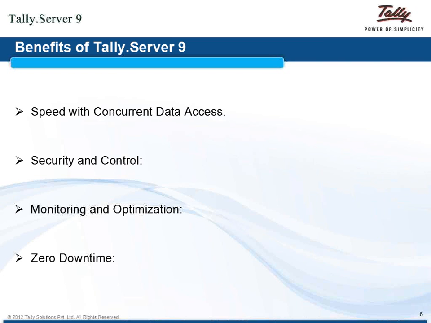As we discussed earlier, in the current environment, Tally.ERP 9, when one user is accessing a huge volume report, the other users will be queued till the activity is completed. But here, in Tally Server 9, due to the speed with concurrent data access, it reduces the downtime. It zeroes the downtime, where the users can perform multiple tasks simultaneously.